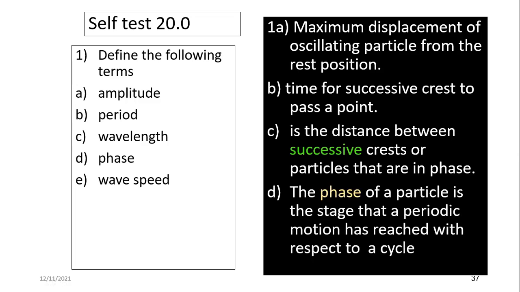Phase: the stage that a periodic motion has reached with respect to a cycle. Okay, got all that?